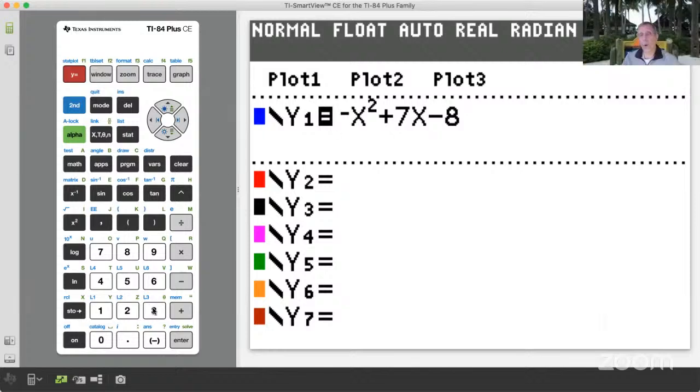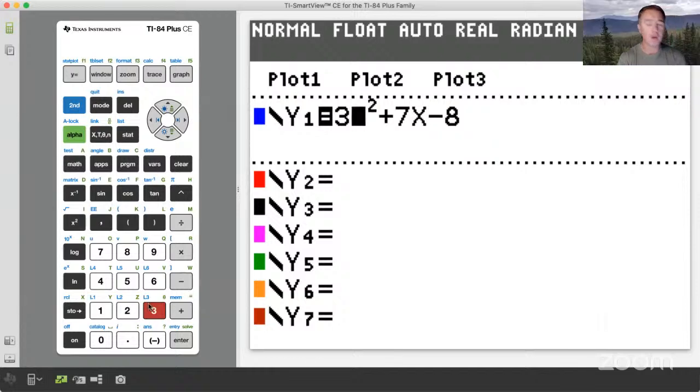So that L1 is defined in terms of this function y1. The way he could do that is to lock the formula for L1.